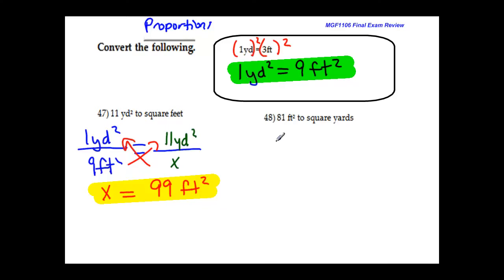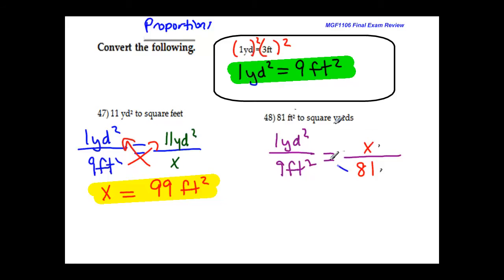Going to number 48, the conversion factor is still the same. 1 yard squared equals 9 feet squared. The difference here is what is given to us. We are given the 81 feet squared. The feet squared is in the bottom, so we put the 81 here. We want the yard squared, so we put those in the numerator.